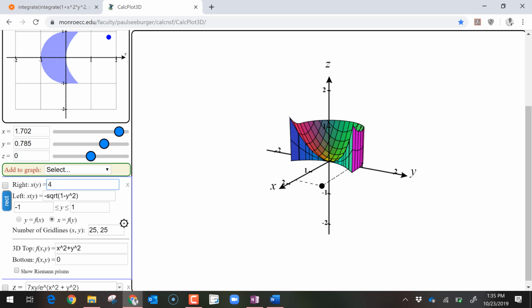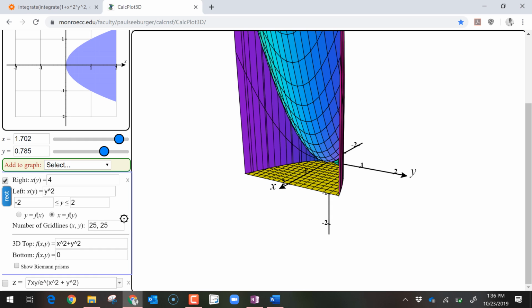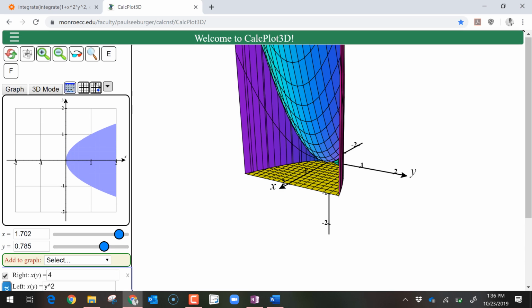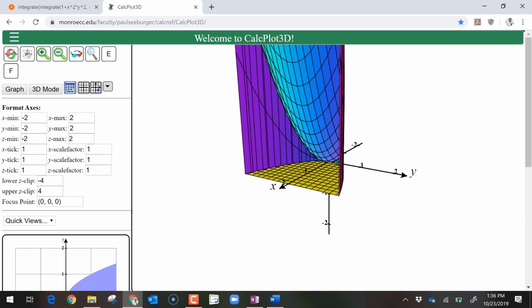It equals 4. What's the bottom limit? Is it y squared? And our limits? Minus 2 to 2. So the numbers and the expressions that you put in these boxes are actually the limits of your integration. I don't know if you guys are noticing that, but that's what's happening. I need to make this bigger so that I can see what's happening.